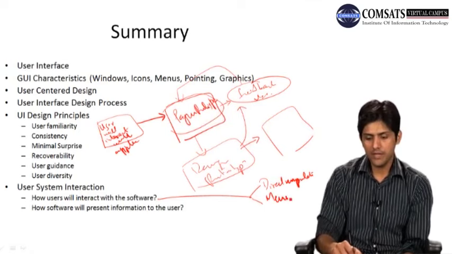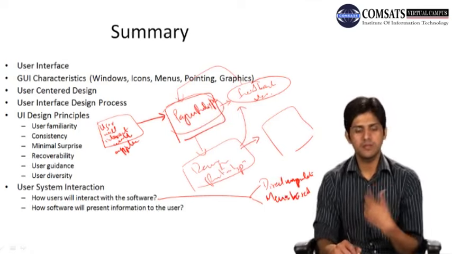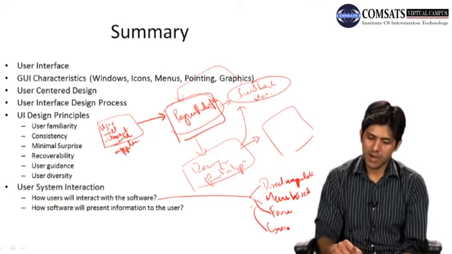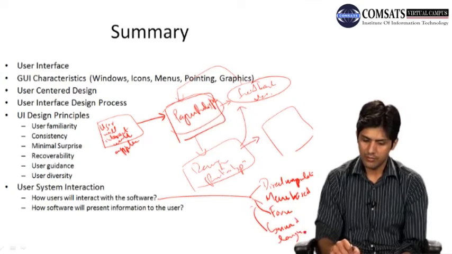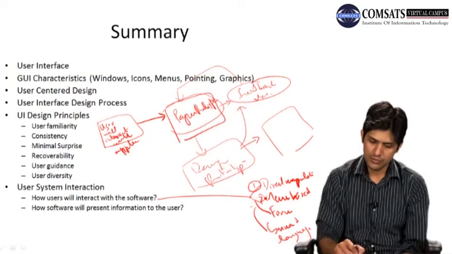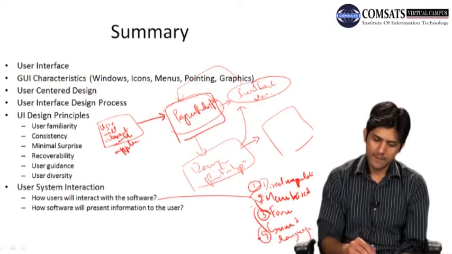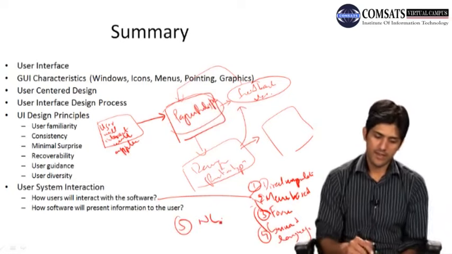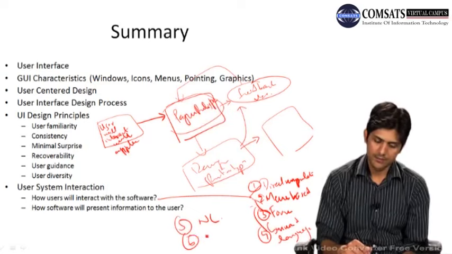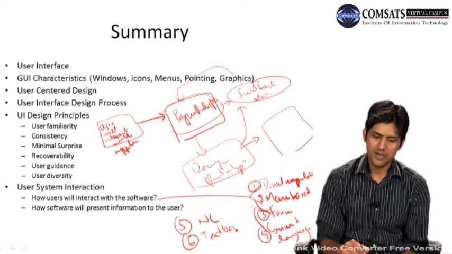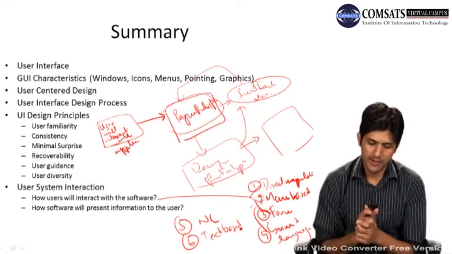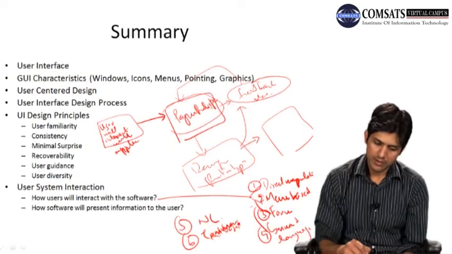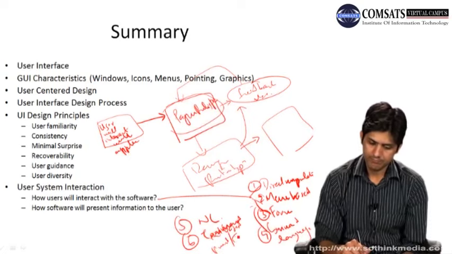Then you have menu based, जहाँ पे आप menus के through, then you have forms, then you have command language. Okay, so 1 and 2 and 3 and 4, and then we saw you can use natural language to get some input from the users, and then we have one which is I think text based, और इसको हमने कहा था कि terminals या command prompt के through आप input ले रहे हैं. ठीक है. Text based तो नहीं होगा, we can call it command prompt and terminal based.